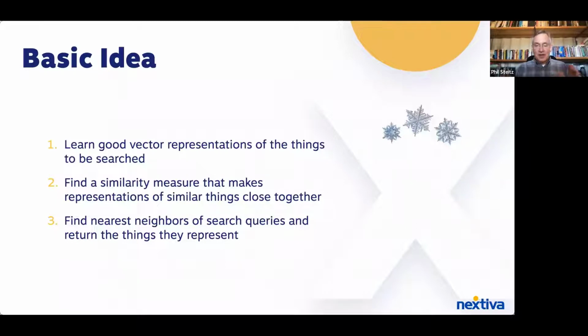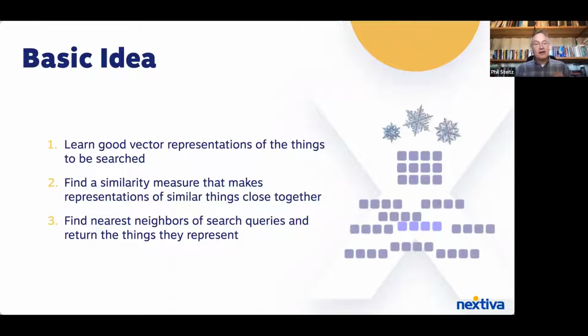And the first thing that we try to do is take those things and get vector representations of them. So from a massive body of text, we cook it down to a vector, which is just an array of numbers. You can think of it that way. So we first try to get good vector representations of the things that we're trying to search.